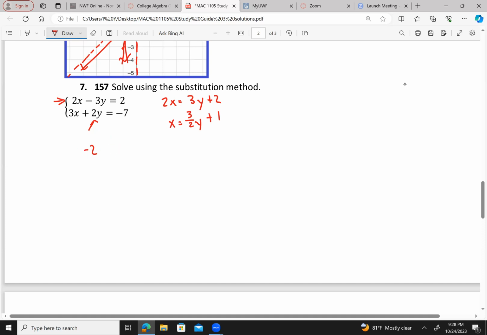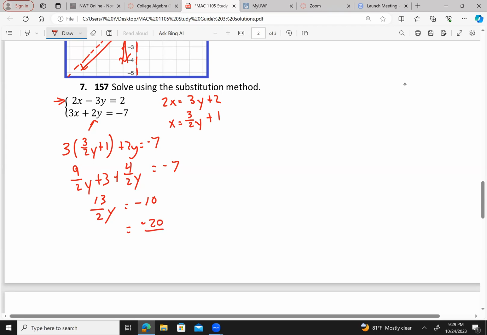Nope, got it backwards. 3 times 3 halves y plus 1 plus 2y equals negative 7. So this is 9 halves y plus 3 plus, what, 4 halves y? 2 is 4 halves. Negative 7. So I have 13 halves y equals negative 10. Multiplying both sides by 2 over 13, I get negative 20 over 13.